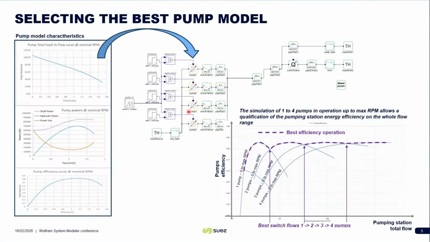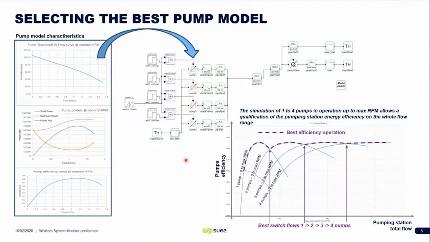So with a simple simulation, we can get a quick overview of what we could get, this dashed line, with this pump model, and we can easily compare different models. That's very simple and very efficient.